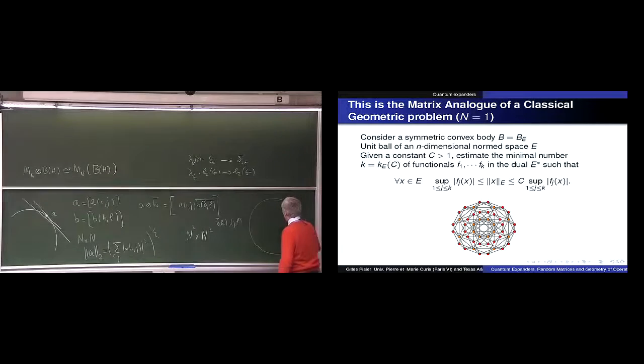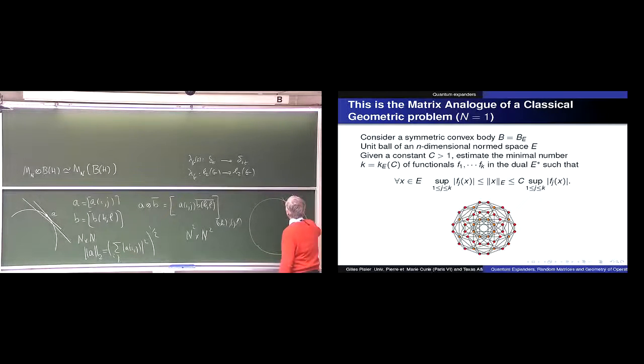the analogous problem is you have a ball and you try to stick it as closely as you can in between a polyhedron, a convex polyhedron with faces, and you want to count, in geometric language, the minimum number of faces of the polyhedron that are going to approximate your body, your convex body.